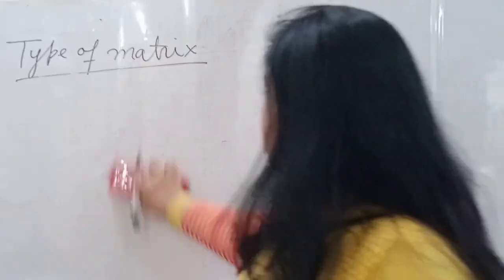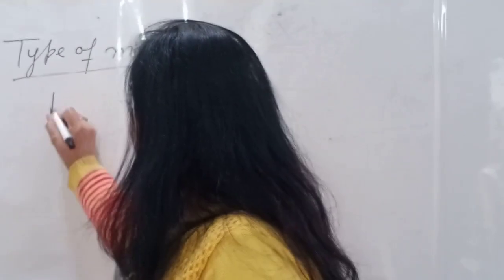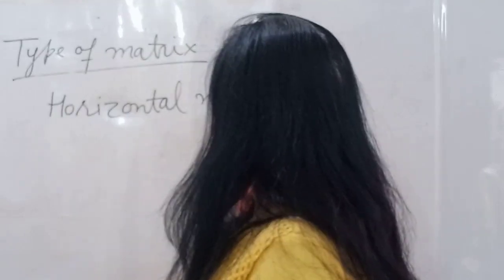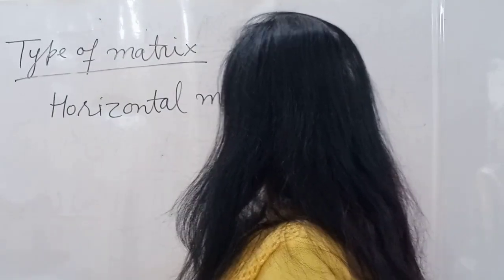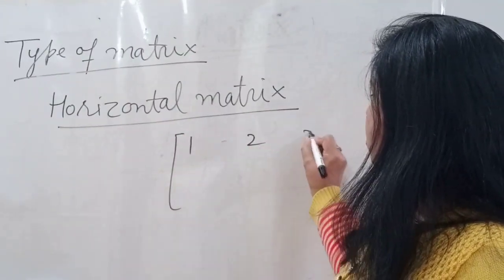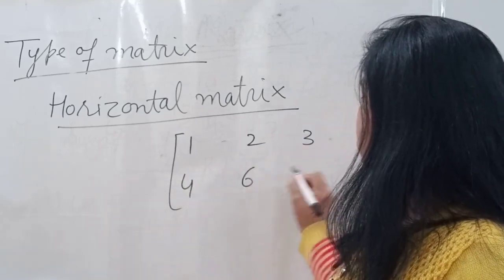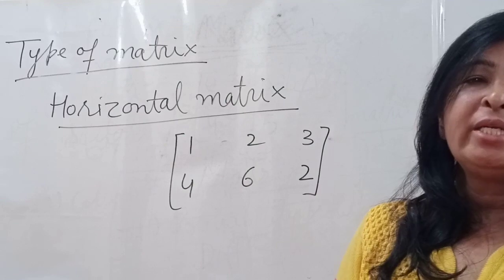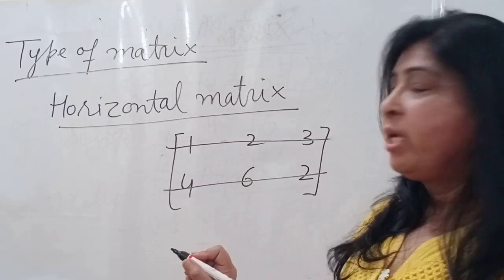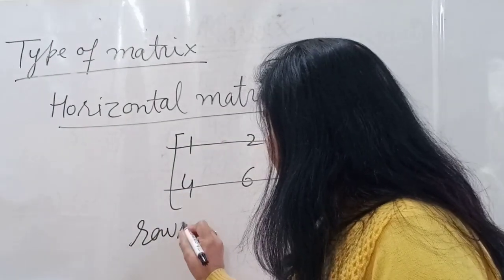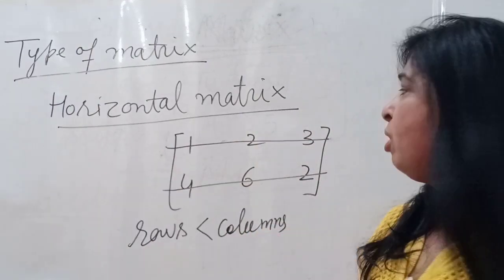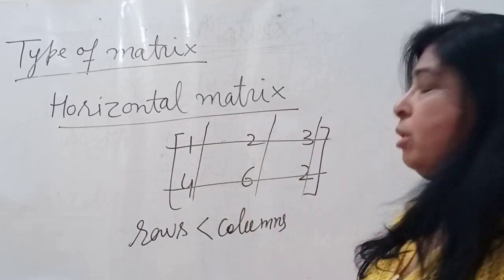Next you have the horizontal matrix. So example is 1, 2, 3, 4, 6, 2. Now in a horizontal matrix you can see, how many rows are there? 1, 2. 2 rows are there. So the number of rows is less than the number of columns. Columns are 3. 1, 2, 3.